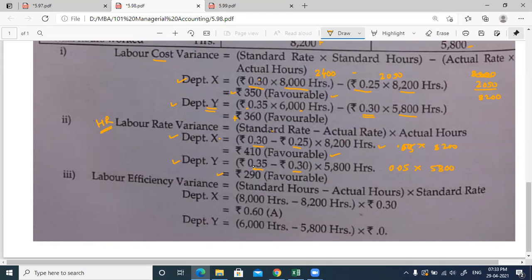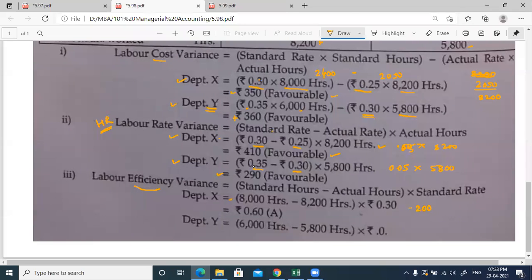Now let's talk about the efficiency. How well you have appointed your people, how well you have trained your people to do the job in this department. Labor efficiency variance is equal to standard hours minus actual hours. Standard hours for X department is 8,000. 8,000 minus 8,200, my goodness, you are actually giving more hours.